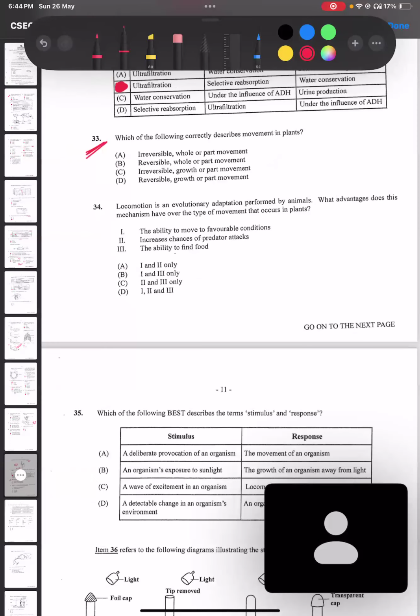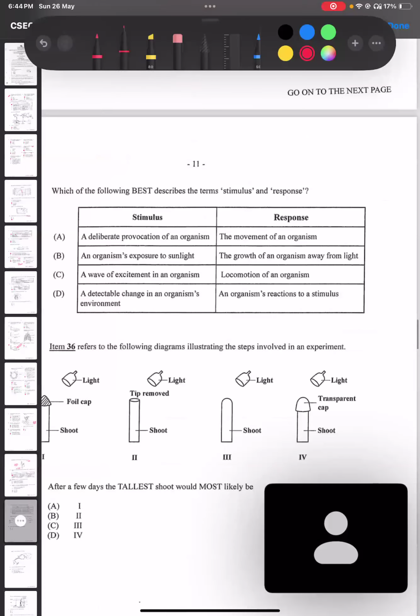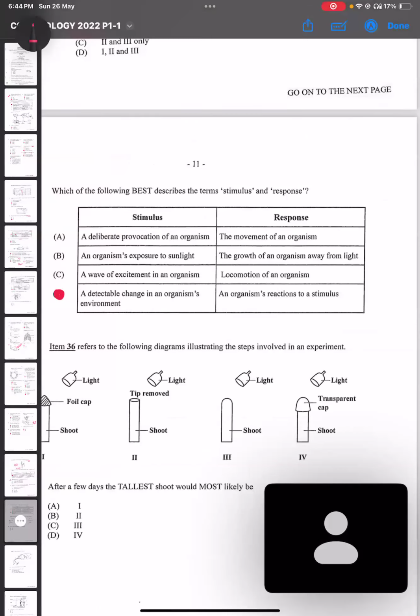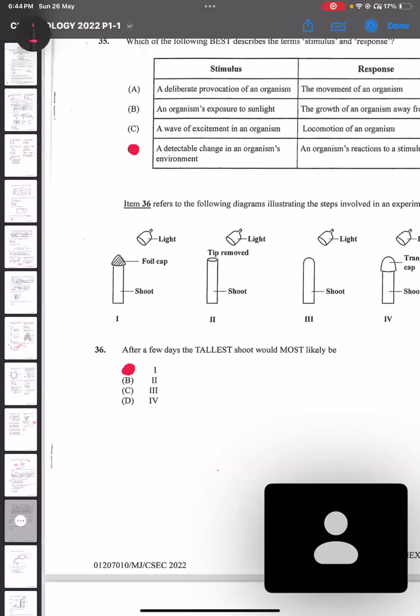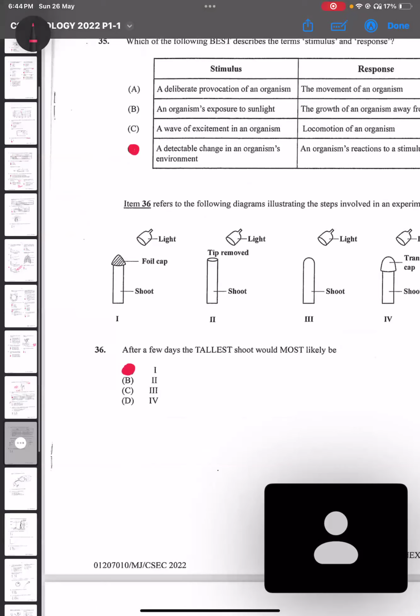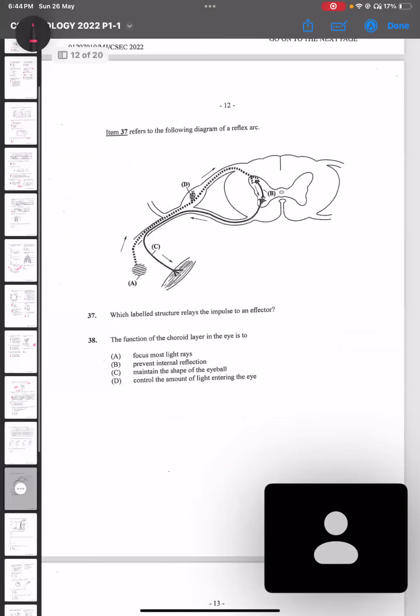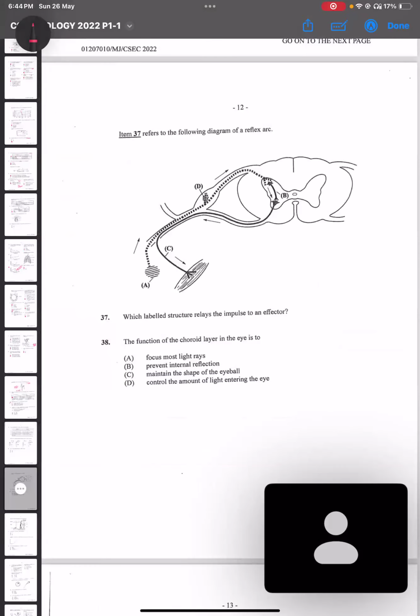1 and 3, sorry. 35, we know 35. C. We know this one is A. 37.